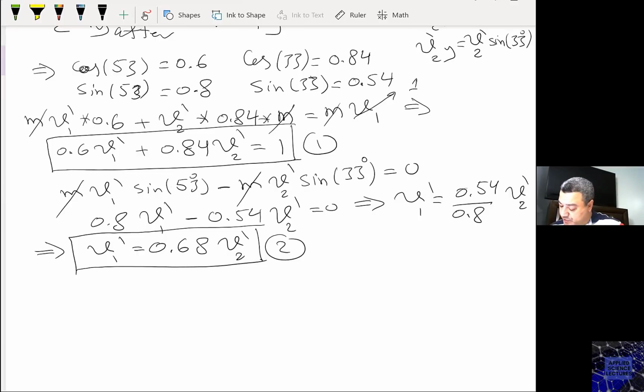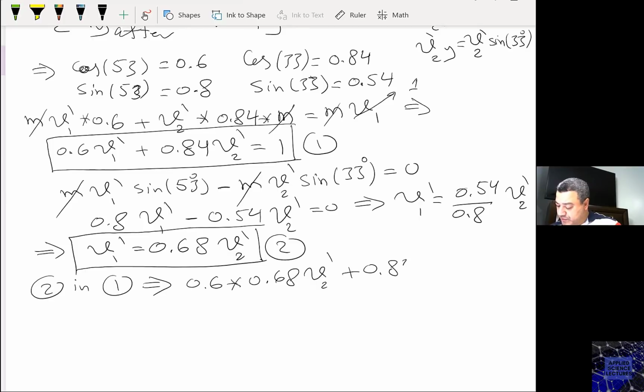Now, if I substitute 2 and 1, what do I get? I get 0.6 times 0.68 v2 prime plus 0.84 v2 prime equals 1, or v2 prime equals, if you work out this equation, 0.8 meter per second.